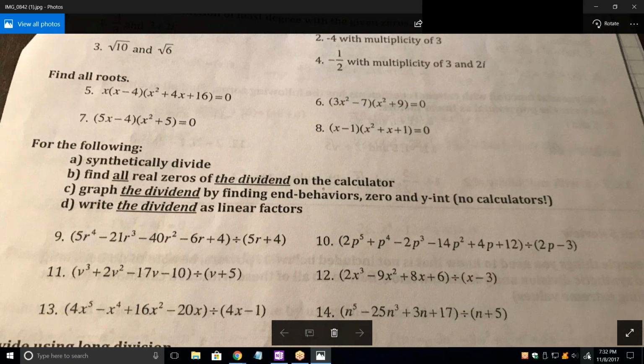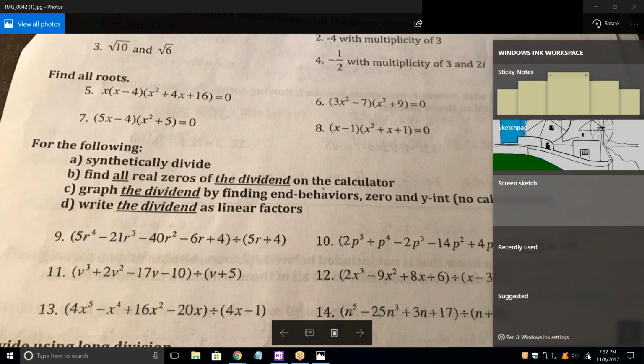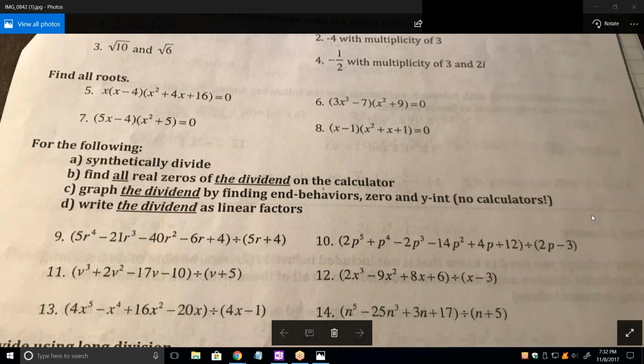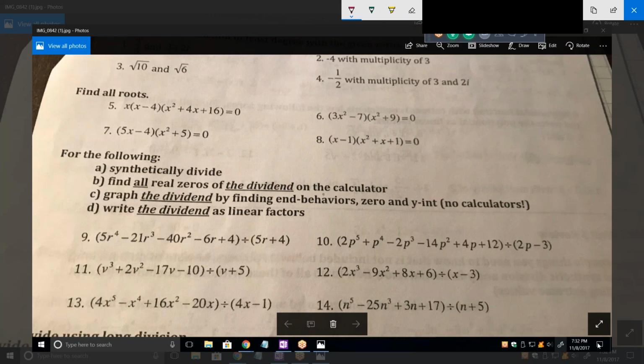All right, let's talk about end behavior. They do mean this as the dividend, right?